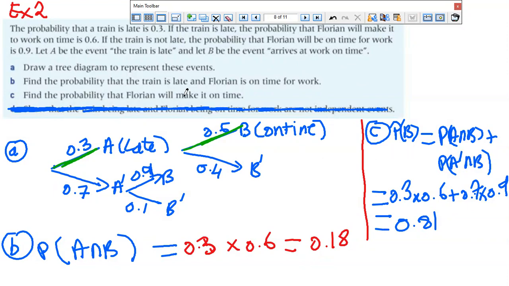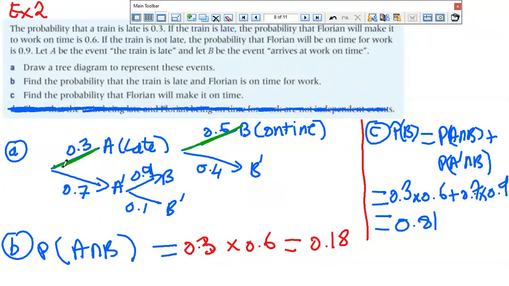Find the probability that Florin will make it on time. Okay, it means it's P of B. She can make it on time, either when she's late or when she's not late. So being on time could be being on time and late, P of A intersection B, or being on time and she's not late, P of B intersection A prime, and then I will add.